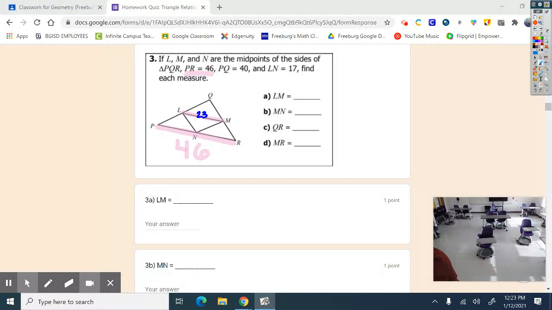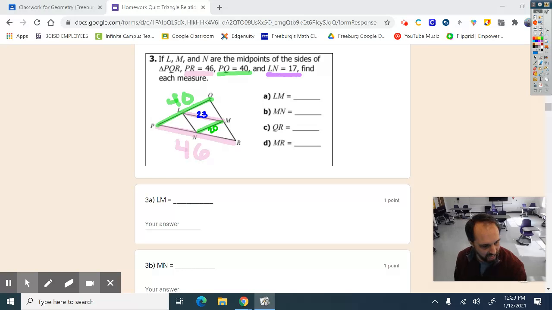Similarly, with all of these, if I've got PQ is 40, so that's this full distance, that part would be half of it. So this would be 20. And then we've got LN. So this time I have the mid segment. So then I know if this part here is 17, then I must double that length to get 34. That's kind of my full piece over here.